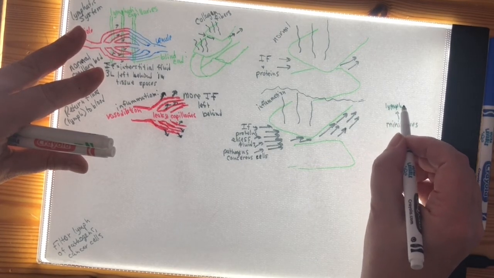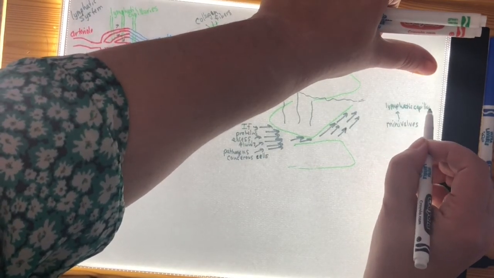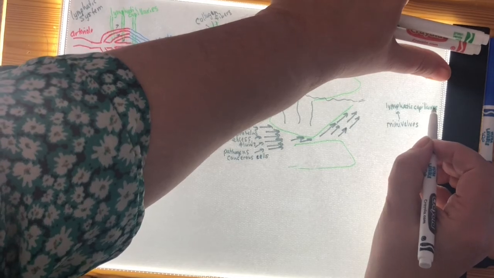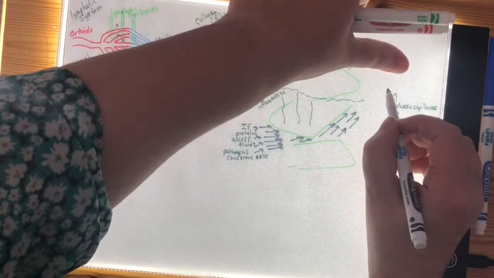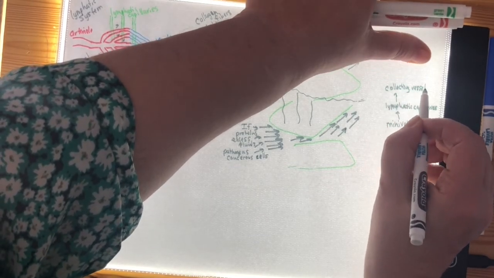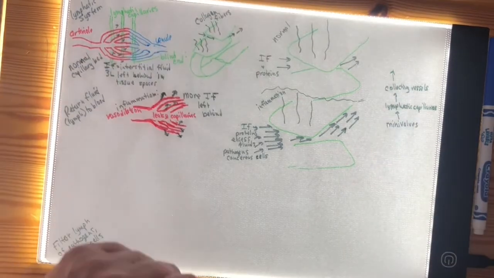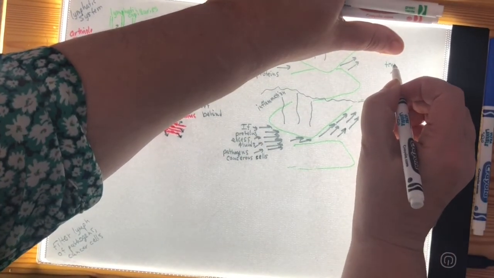So we start with what we're looking at here, the mini valves. Either in normal situations or in inflammatory situations, you're always going to have the same pathway. The mini valves open up into the lymphatic capillaries, lymphatic vessels. And then we send the lymph upward into a collection of vessels called collecting vessels.